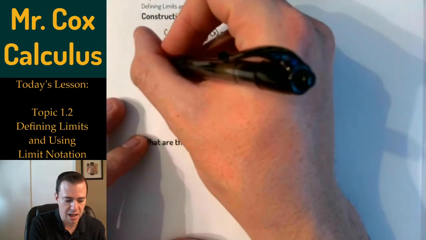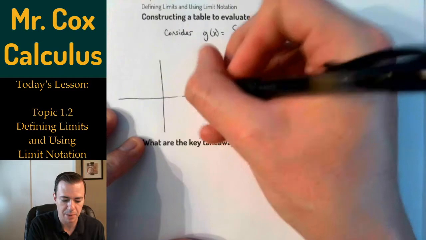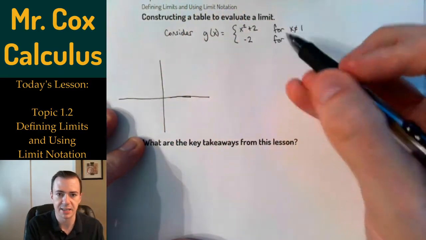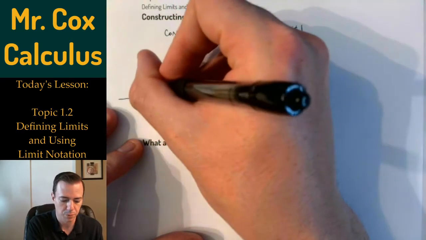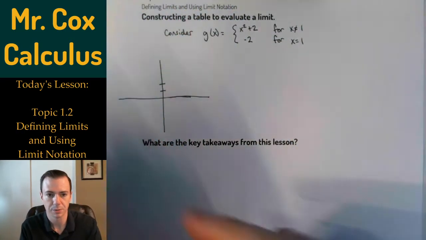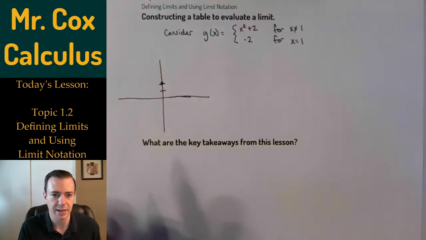And so let's get a graph here, and then we'll construct a table of values to see what's happening. But as I said, it's going to be the parent quadratic function shifted up 2, except at x equals 1.